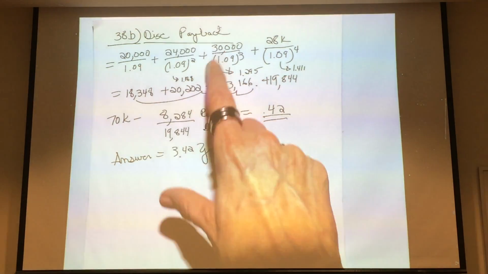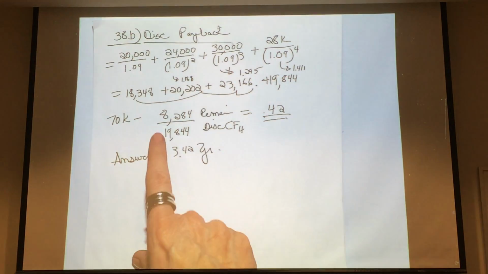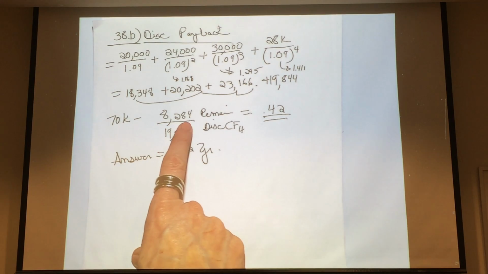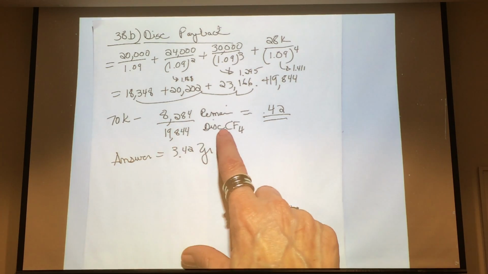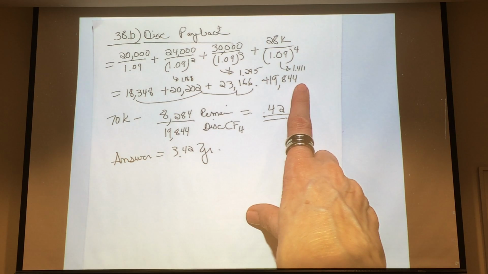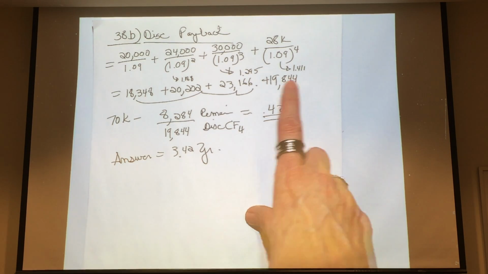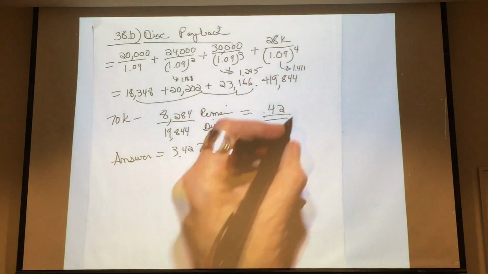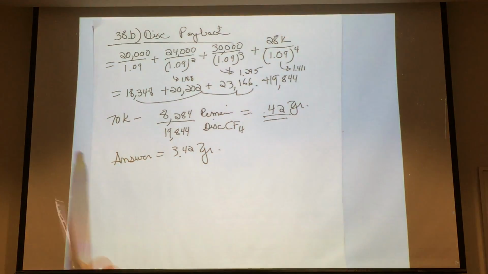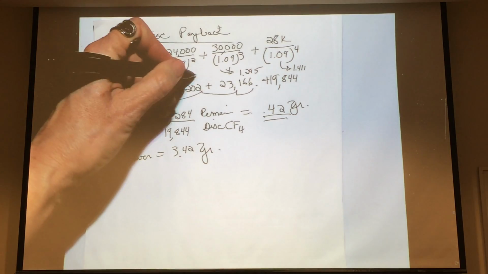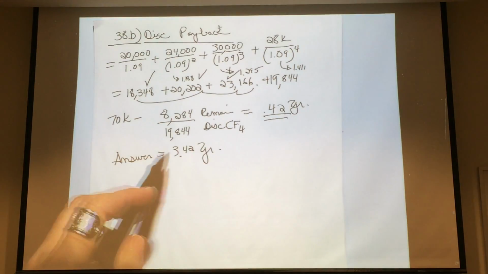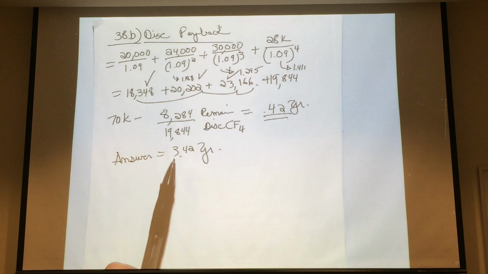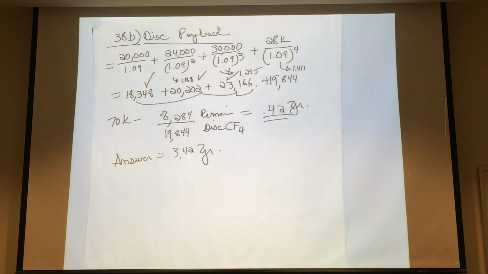After all that's subtracted out, I have $8,284 to cover. I divide that by the final discounted cash flow of 19,844. That's 0.42 years. I then add that to this, and this. On a discounted payback method, it takes me 3.42 years.